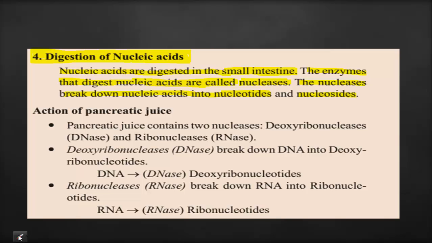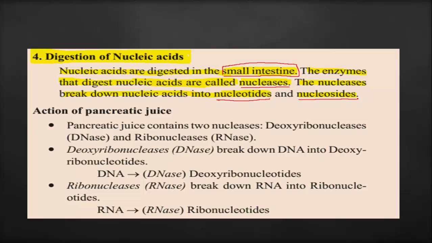What are the points to remember with respect to digestion of the nucleic acids? Nucleic acid digestion is occurring in the small intestine. Enzymes which are acting on the nucleic acids are called nucleases. When the nucleases act on the nucleic acids, they produce the two intermediate compounds called nucleotides and nucleosides.